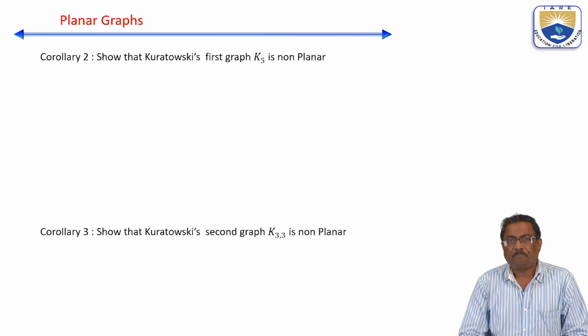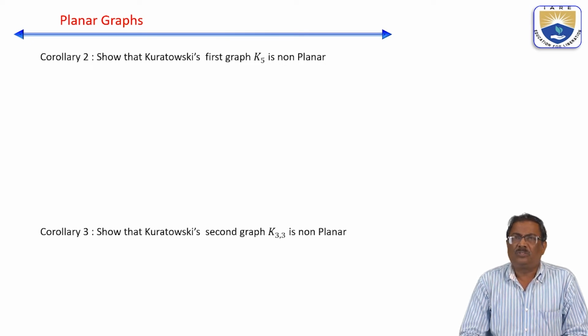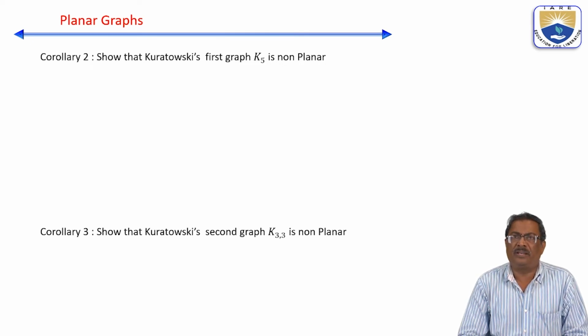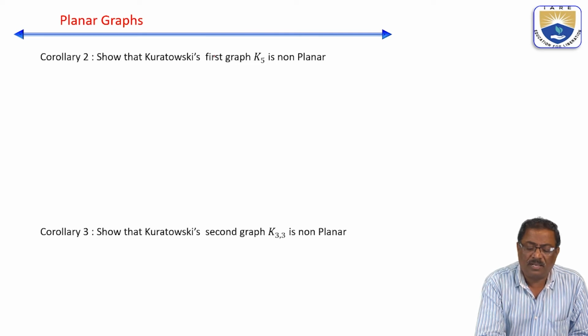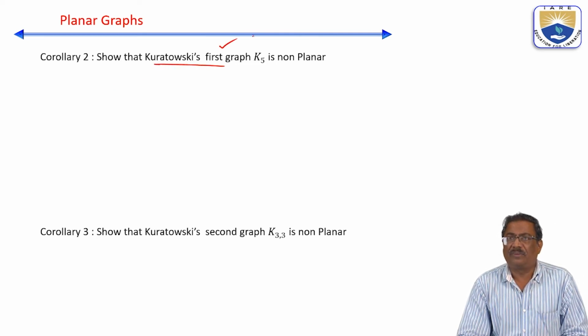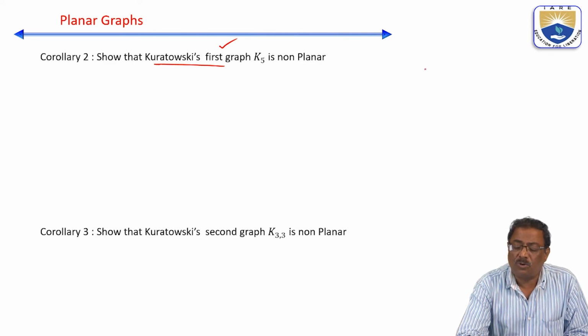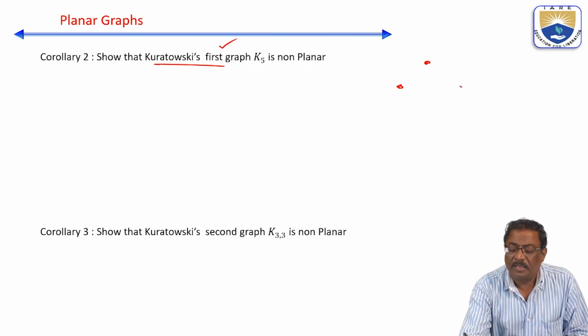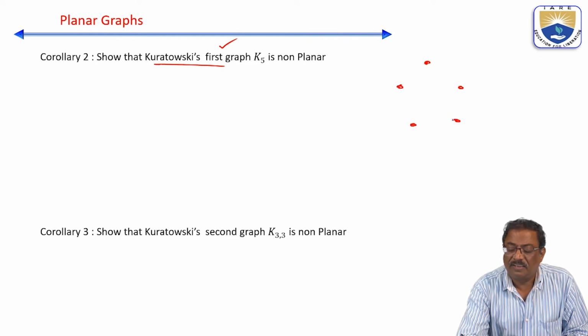Now the second corollary. By using this, prove that Kuratowski's first graph is non-planar. Kuratowski's first graph is nothing but a complete graph with 5 vertices. Let us take the complete graph with 5 vertices like this.